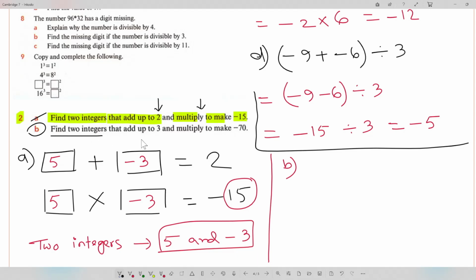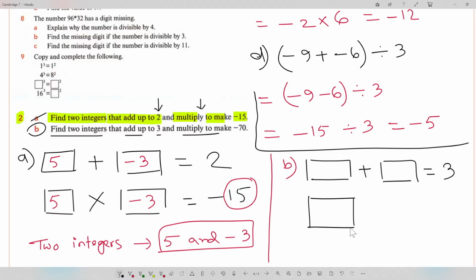Find two integers that add up to 3 and multiply to make minus 70. So this one is an integer plus another integer. After addition we will get 3, and similarly, an integer times another integer, after multiplication we will get minus 70.